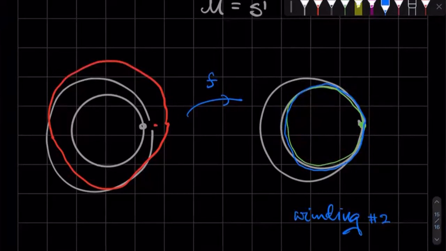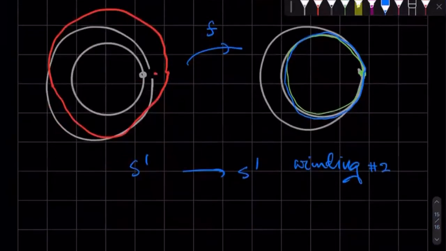So the number of maps from the circle to the circle is infinite, and each class of map is characterized by an integer, say n.